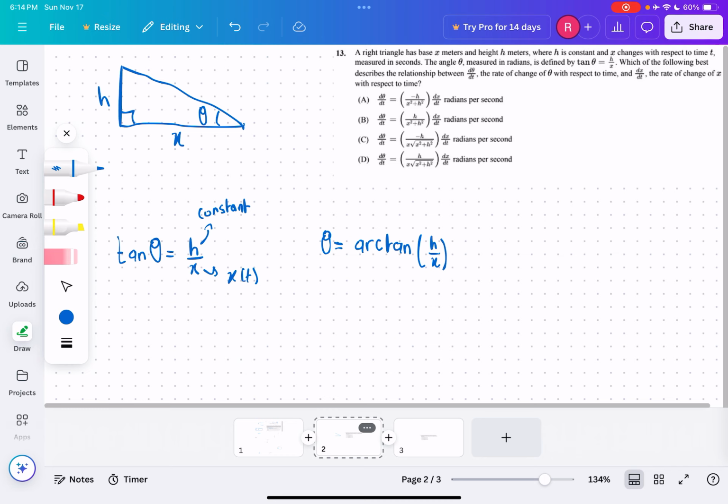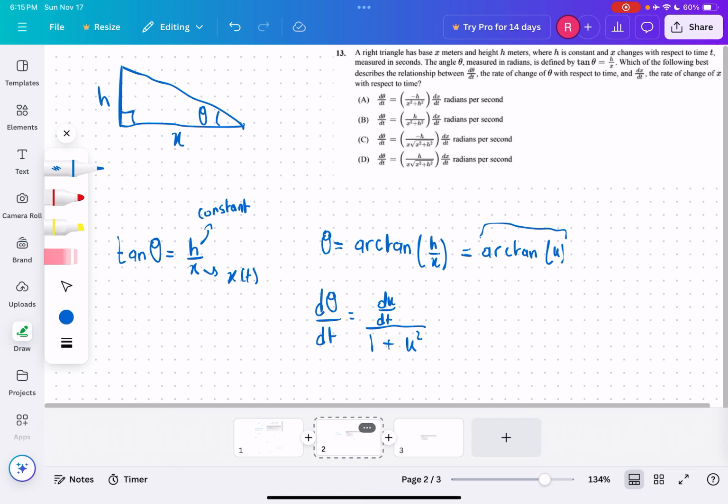Now, if we are going to derive theta, so we need to find d theta over dt, we're basically dealing with an inverse trigonometric function. So I'm going to call this arctan u. If we want to find d theta over dt, we're deriving the inverse trigonometric function of the form arctan u, which is going to be du over dt over 1 plus u to the power of 2.